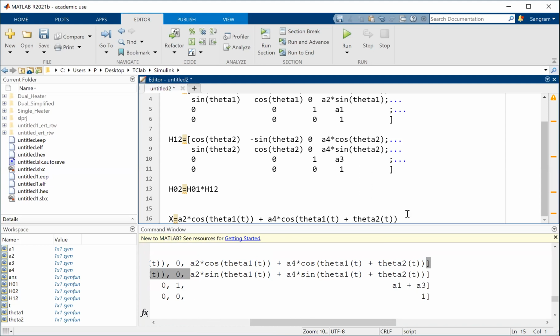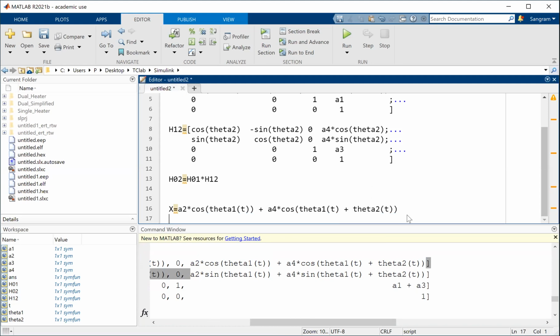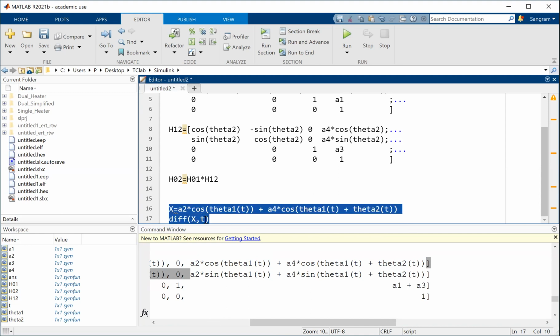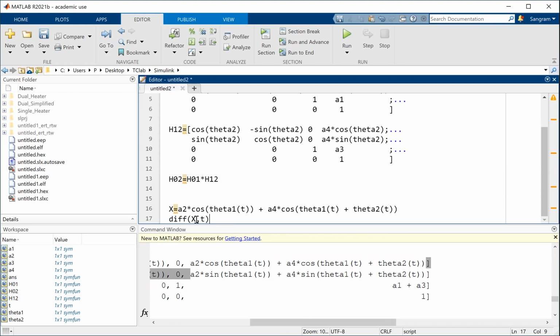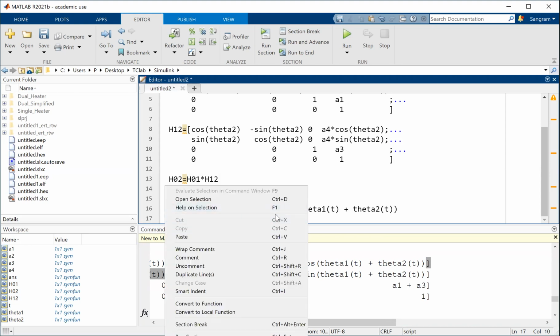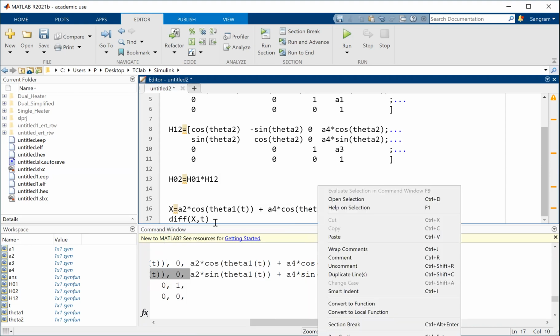The command here is just diff x comma t, and you have the velocity in x direction. This is the Vx.